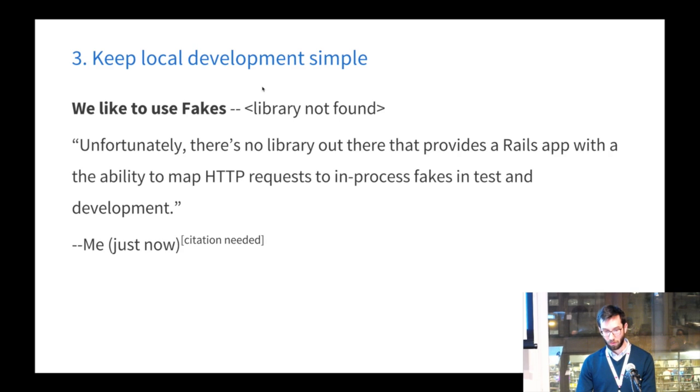Cool. So the problem there is that unfortunately there's no library out there that lets a Rails app integrate that way and gives you the ability to map HTTP requests to an in-process set of fakes in test and development. That was true until today.